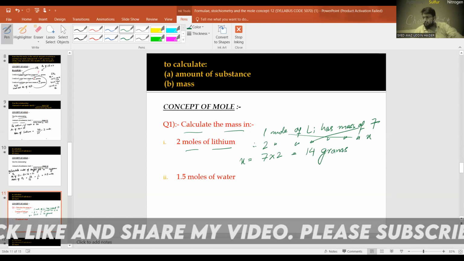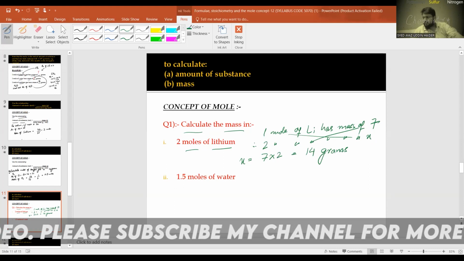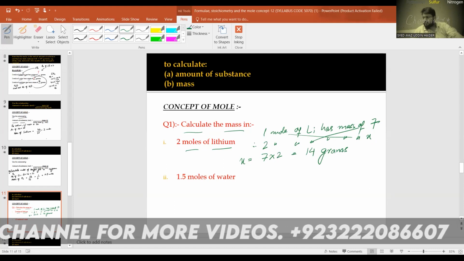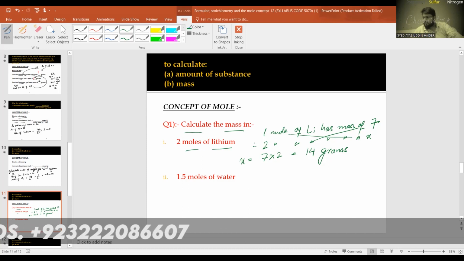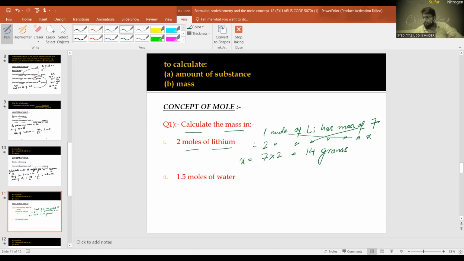Can you work out the mass in 1.5 moles of water? Repeat the same procedure. First of all, you write 1 mole of water, which is H2O, has a mass of, you simply work out the MR of H2O. What is the MR of H2O? We have 2 atoms of hydrogen and AR of hydrogen is 1.